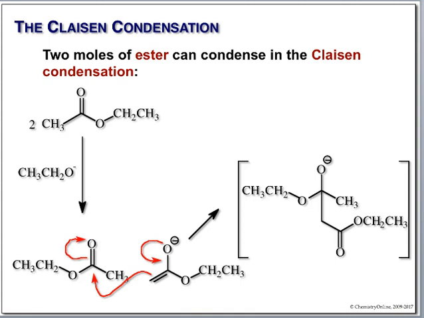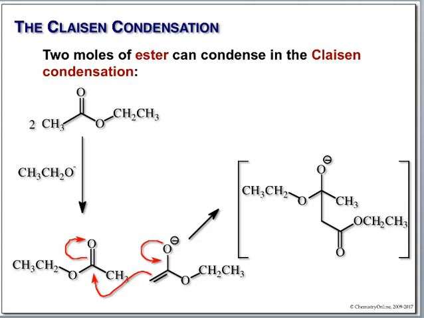Here's the bond we just made. Here's our first ethyl acetate. Here's the second. Now we're going to protonate this. No, we're not. This is a tetrahedral intermediate, isn't it?